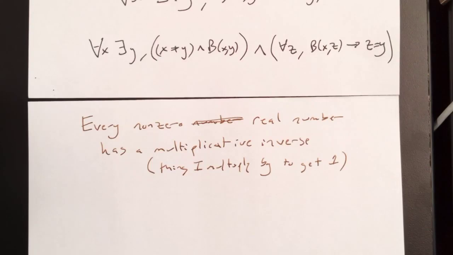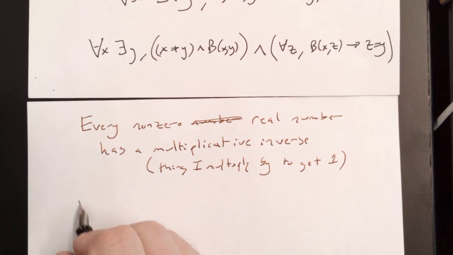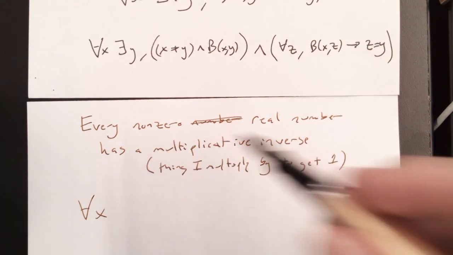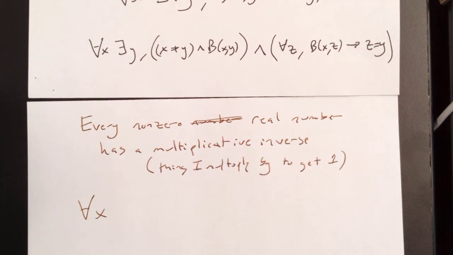Well, let's actually translate literally to start with. Roman? I'm just going to say for every x. Let's start there. For every non-zero real number. So we're going to pick an x. For every x, if it's non-zero, then it has a multiplicative inverse. If I write it as an if-then I can figure out how to translate that part, right?